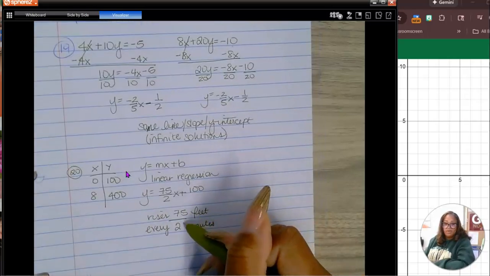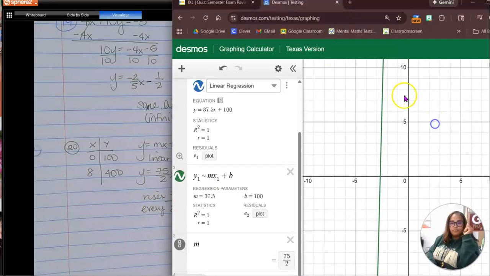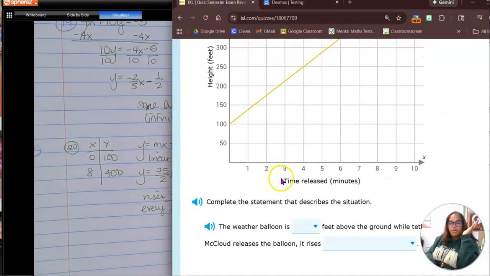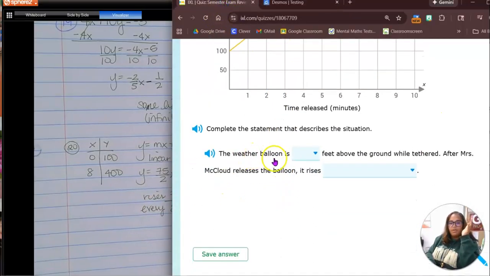Because that's my rise and run. That's my slope. So we come back over here and interpret what's happening. The balloon is 100 feet above the ground while tethered, and then after she releases the balloon, it rises 75 feet every 2 minutes. That's how we interpret that rise over run.